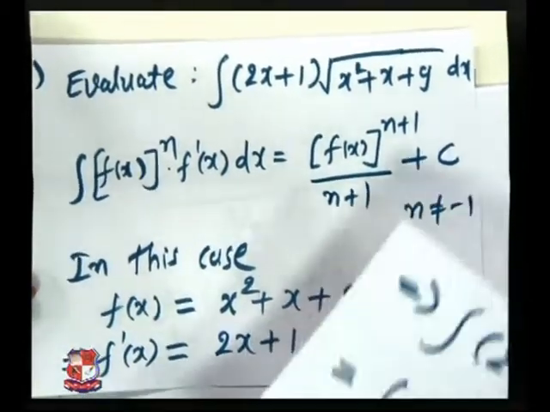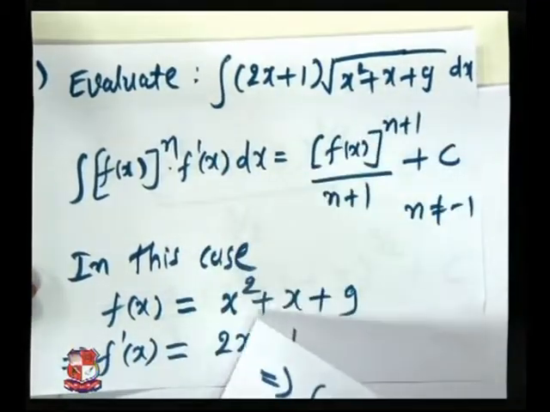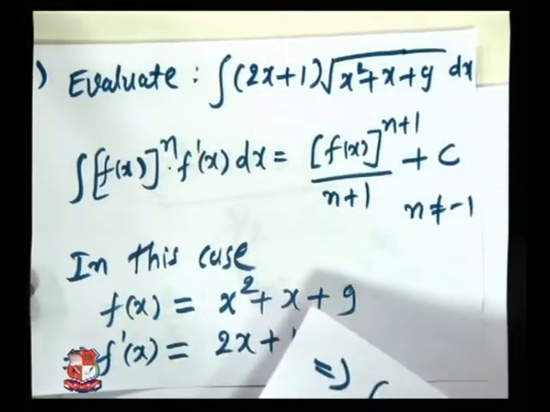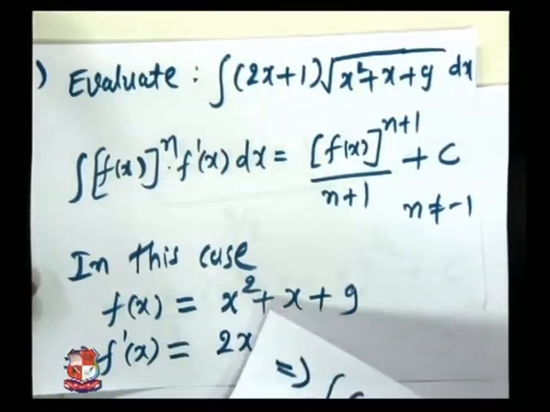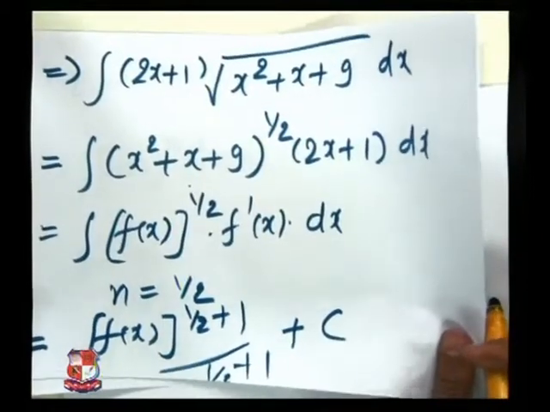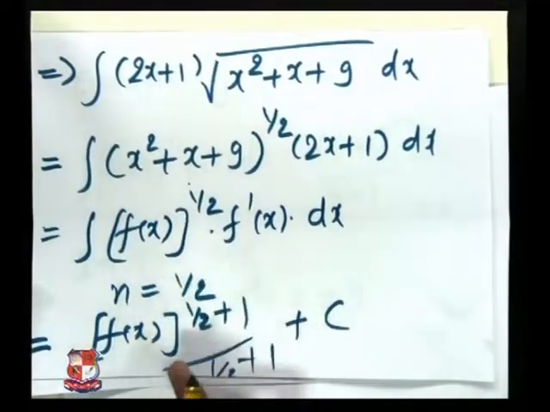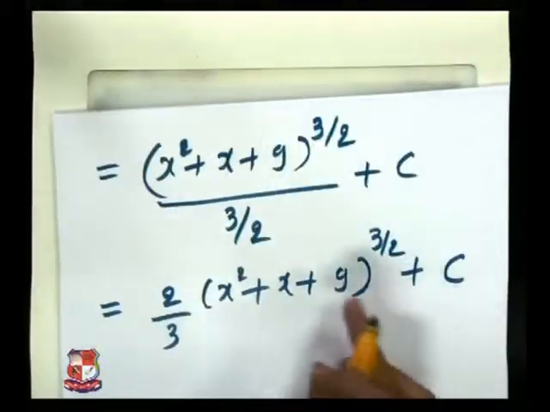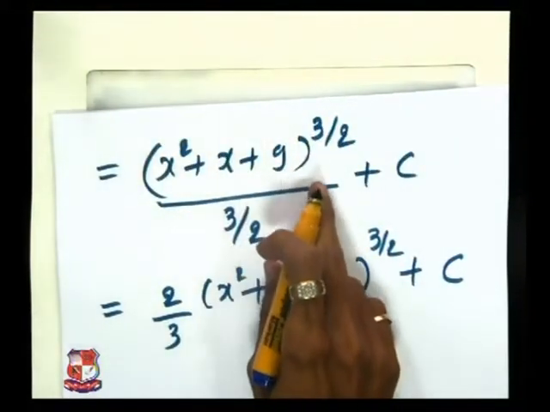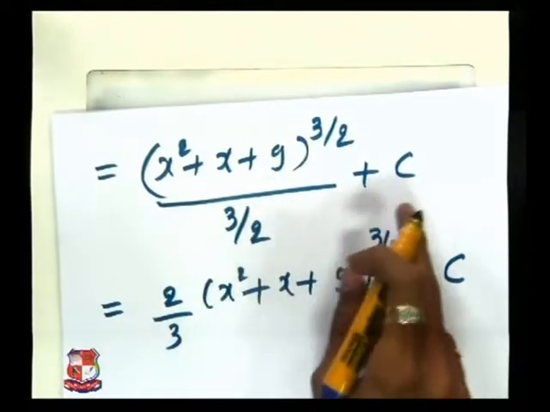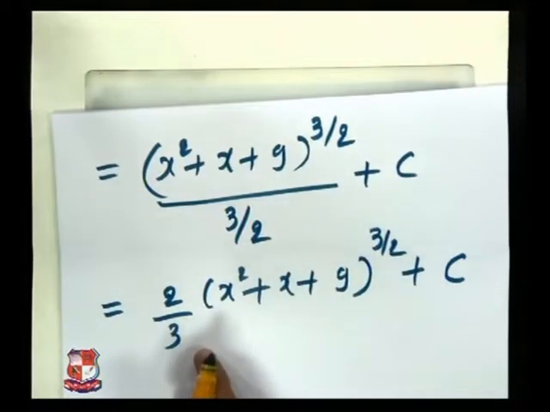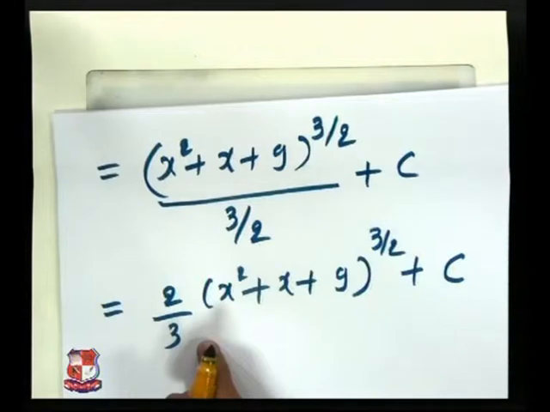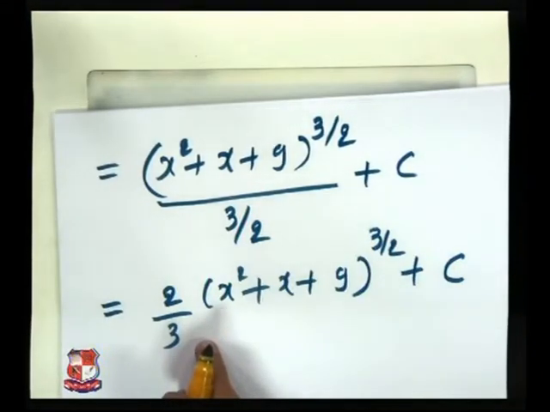Here n is equal to 1/2, so we can use this formula. f(x) is equal to x squared plus x plus 9 and f dash x is equal to 2x plus 1. Using that formula, we get f(x) raised to 3/2 upon 3/2 plus c. That means x squared plus x plus 9 raised to 3/2 upon 3/2 plus c. Okay, so this is the final solution of this example.